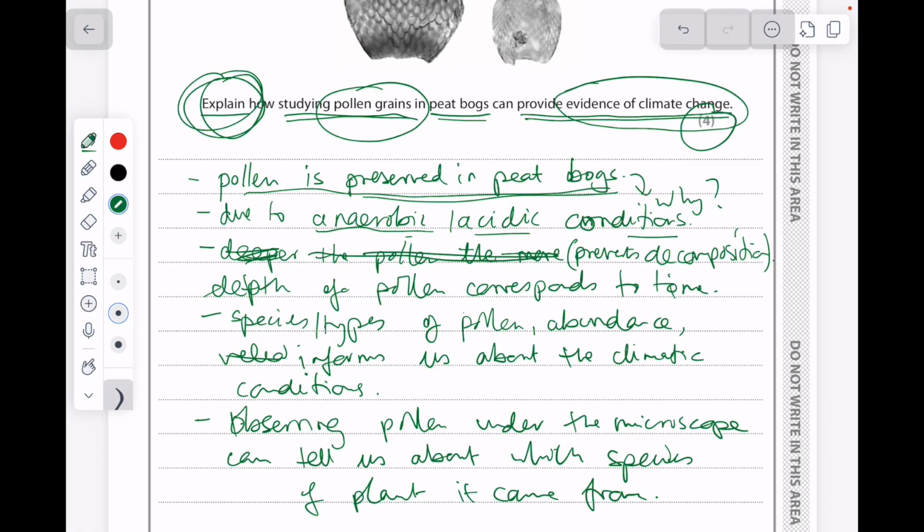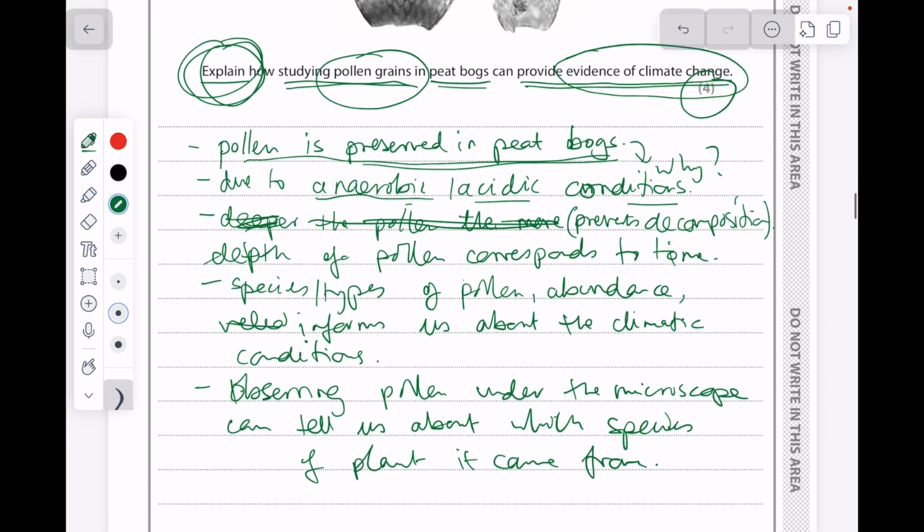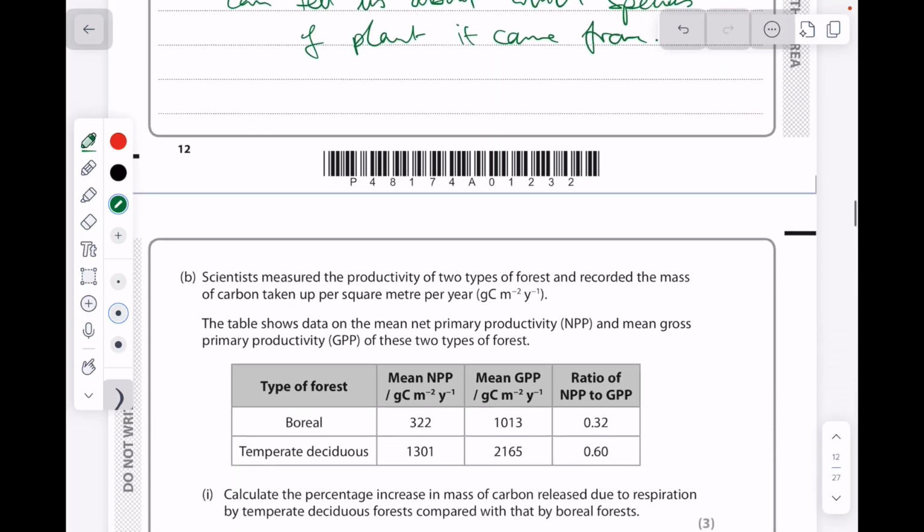The species of pollen and abundance informs us about the climatic conditions. And observing pollen under the microscope, observing its structure for example, can tell us which species it came from. I think I've definitely got 4 points there, though I'm not super confident about that.